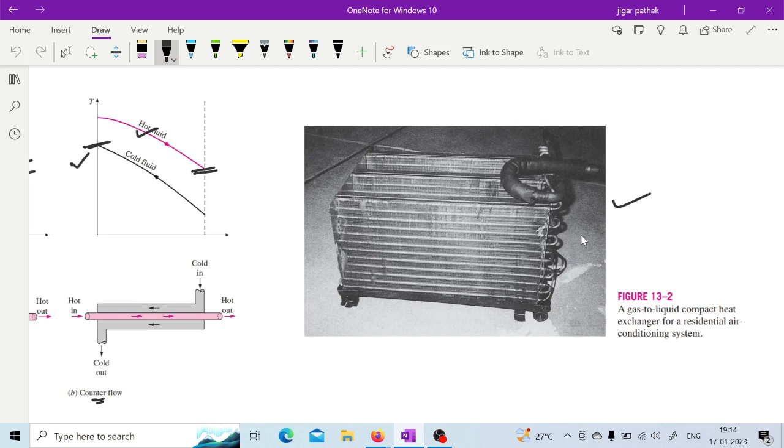Our lungs are also a heat exchanger, a compact heat exchanger with fins like this. Where area or space is not available, how much heat is transferred per cubic meter, or per volume, is important.